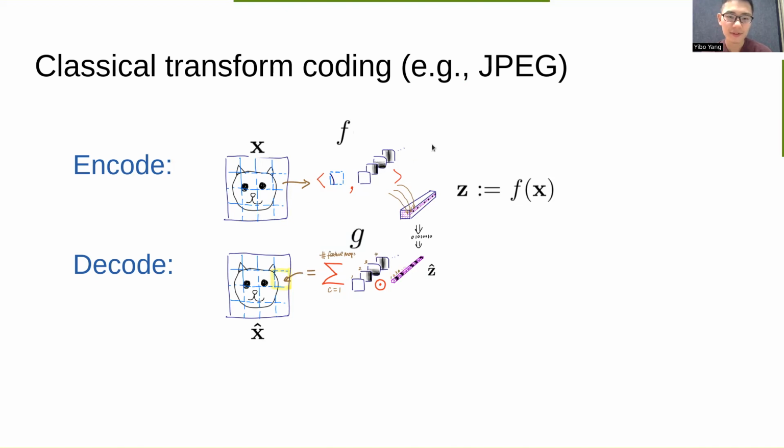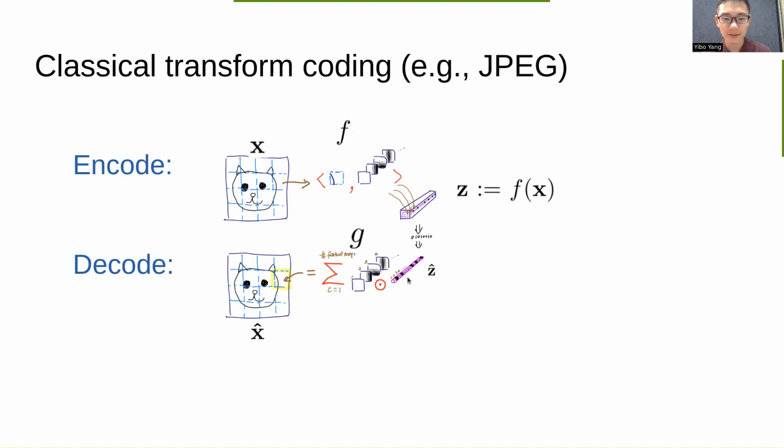So each such filter is essentially a little pattern of signal, and together they span the space of all possible signals that can be defined on this little block. So we take all these inner products, and that results in a vector of transform coefficients. And then we'll quantize and convert them into binary with entropy coding.